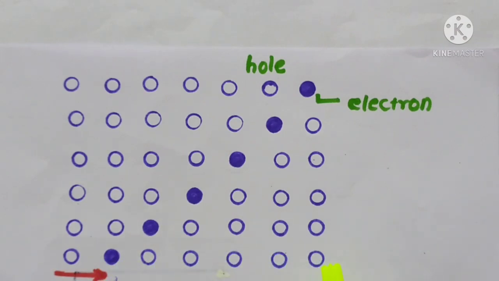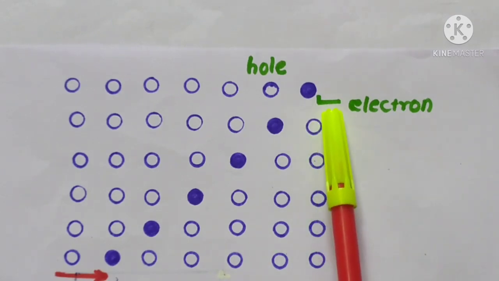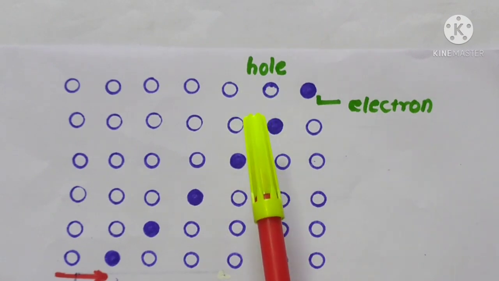So due to the movement of electrons, we also get the movement of holes in this way. And we can say that this is the concept of formation of hole and hole current. In other words, we can get a flow of current due to the electrons as well as holes.